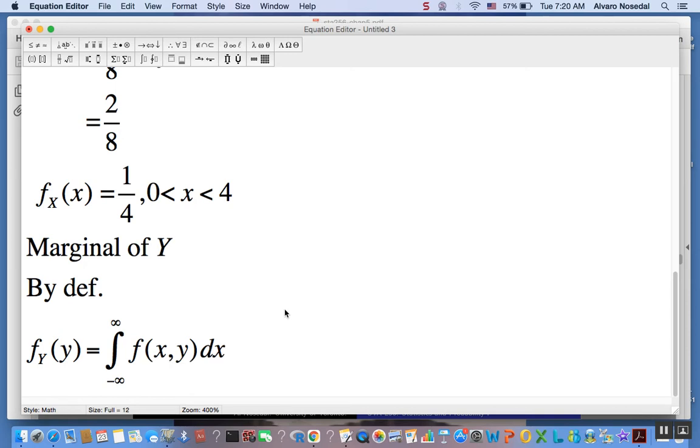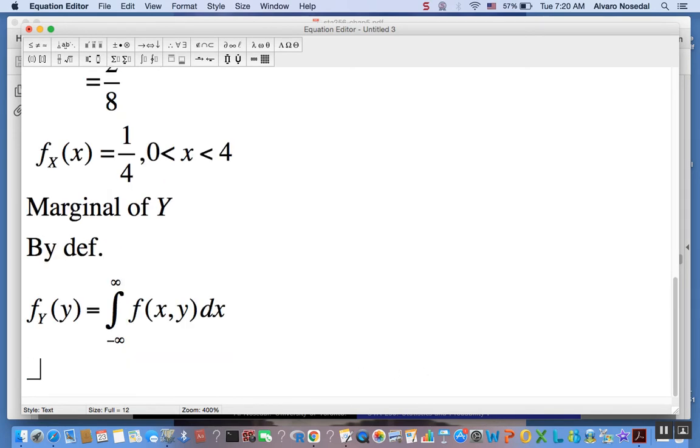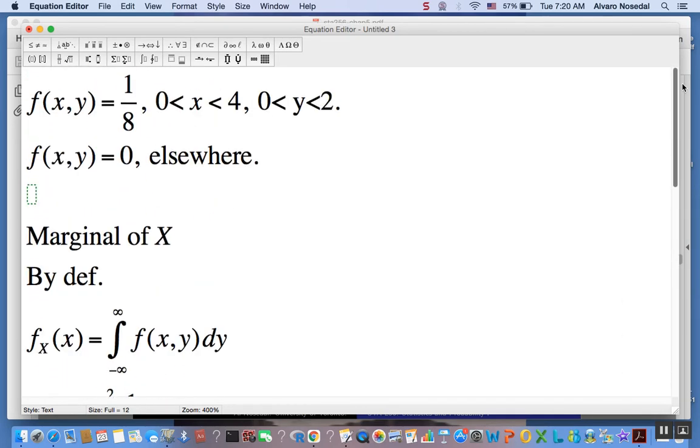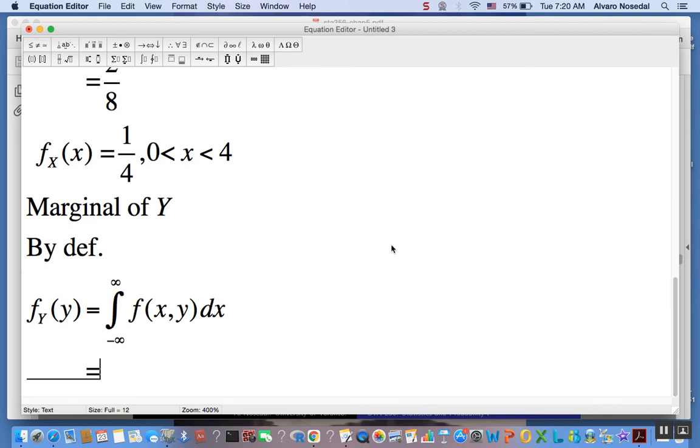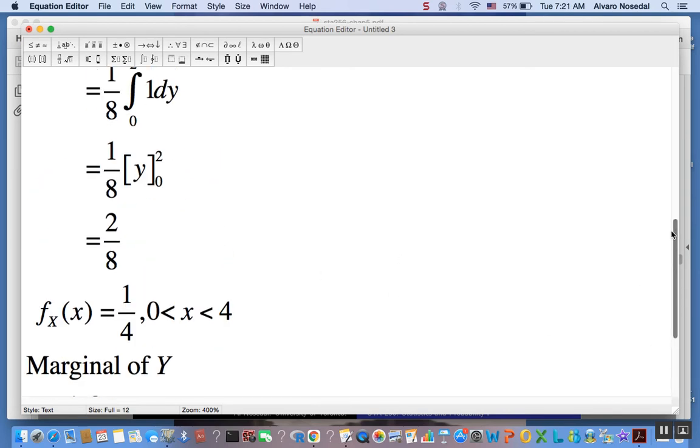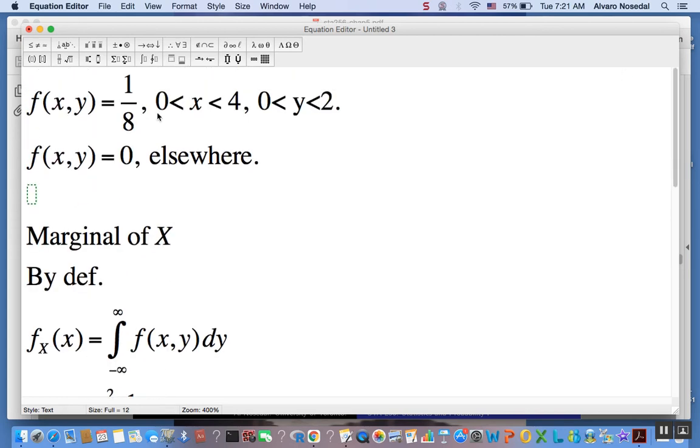Okay? Again, we have that constant, so it's going to be 1 over 8, but now we are going to be integrating with respect to x, and we have to bear in mind that this guy, right, goes from 0 to 4.